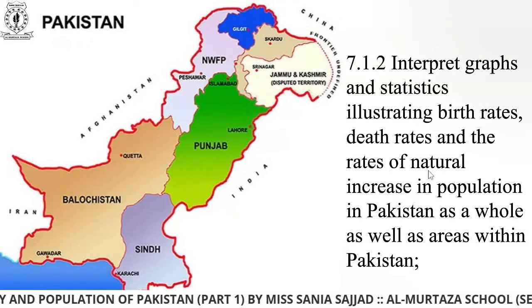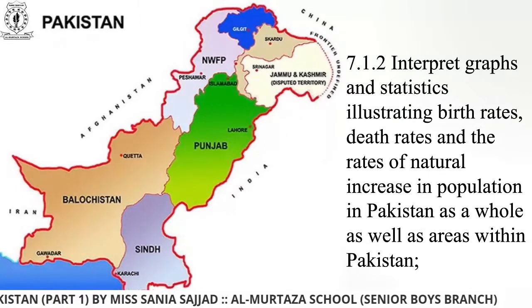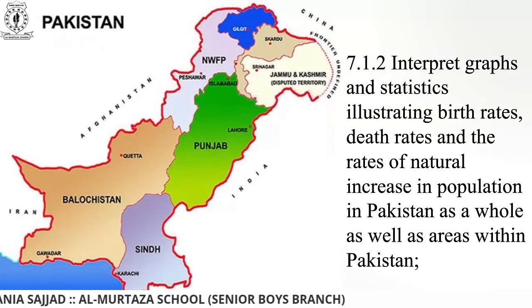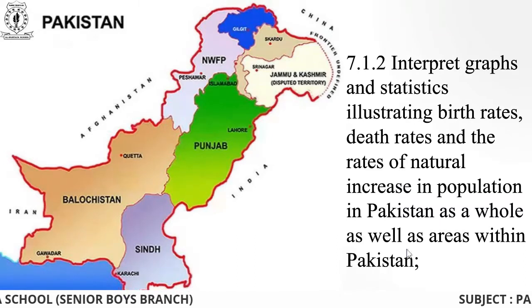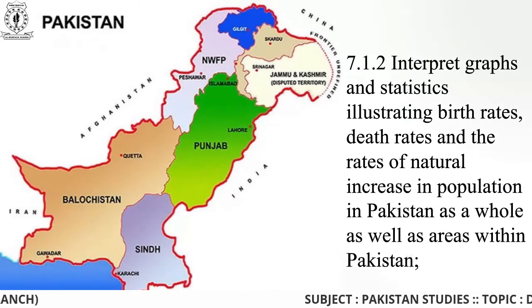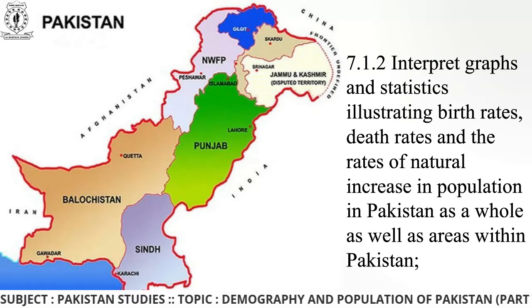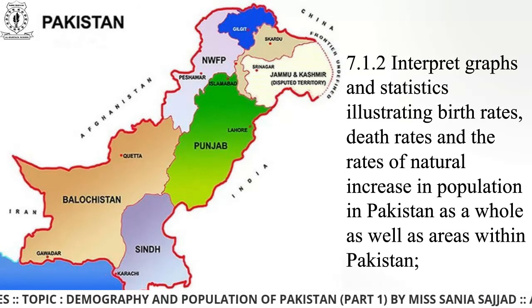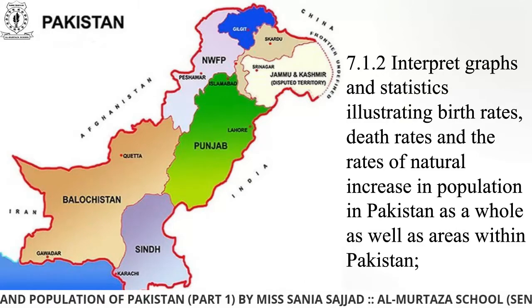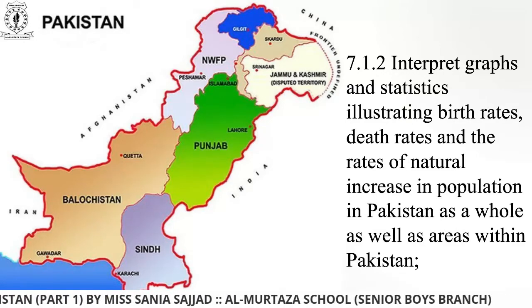It means those which are increasing day by day. So we are going to discuss them in Pakistan as a whole, meaning on a general basis, or within Pakistan, meaning areas. We are going to cover all of those cities which come under Pakistan.